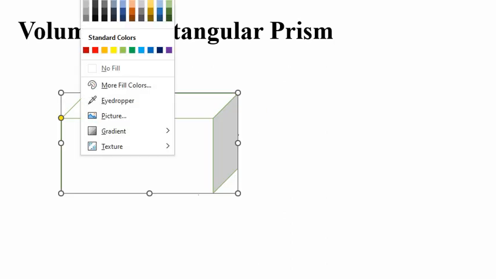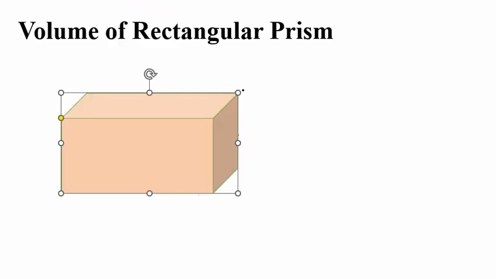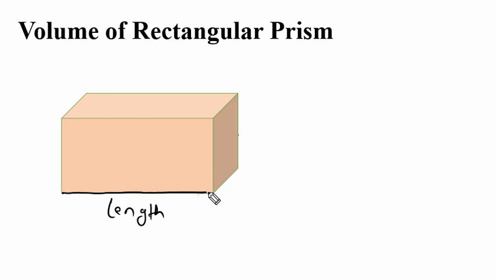Now in this rectangular prism, what will be the length? What do you think? Where will the length be? So the length is this. So you take this as length.